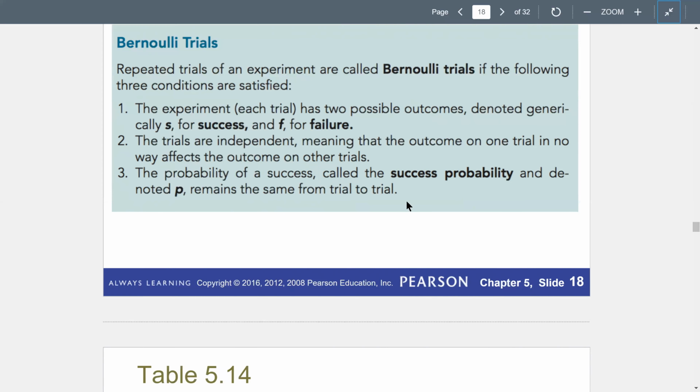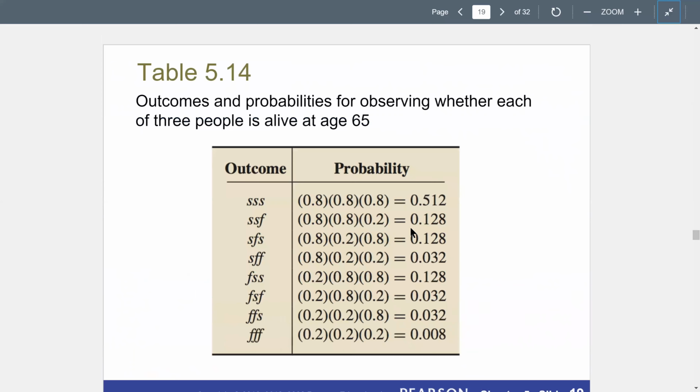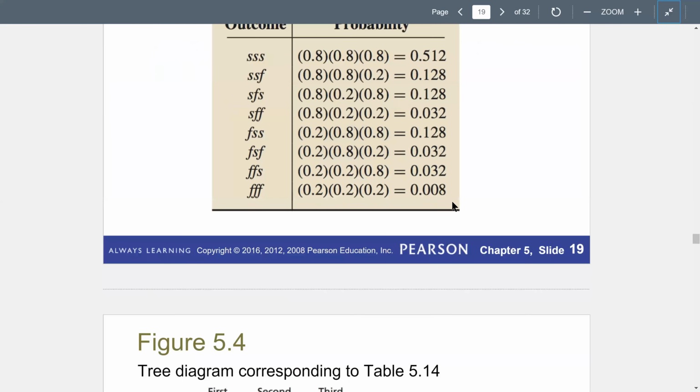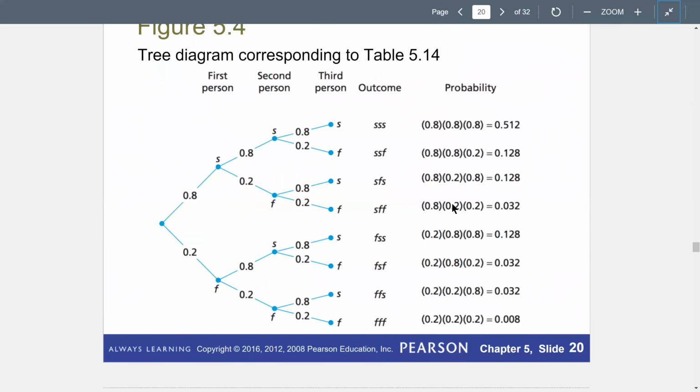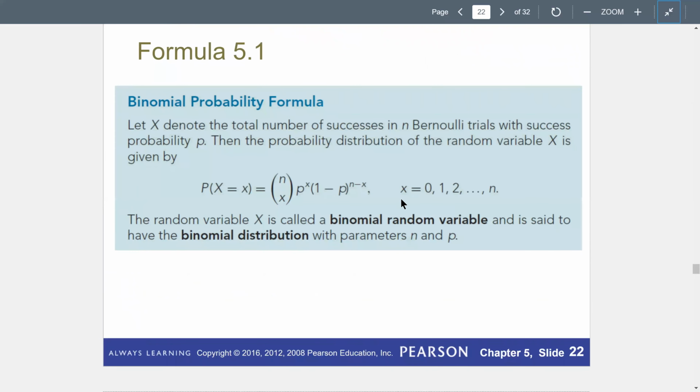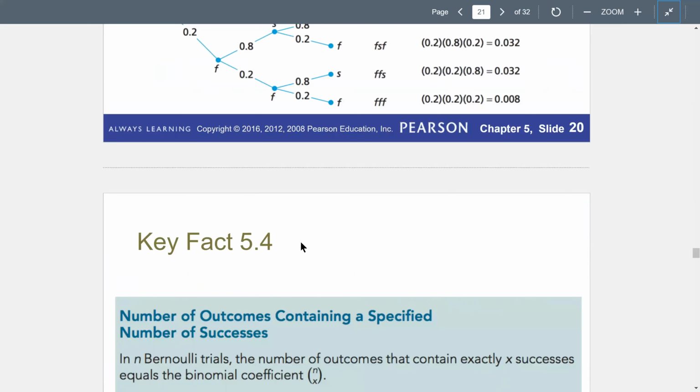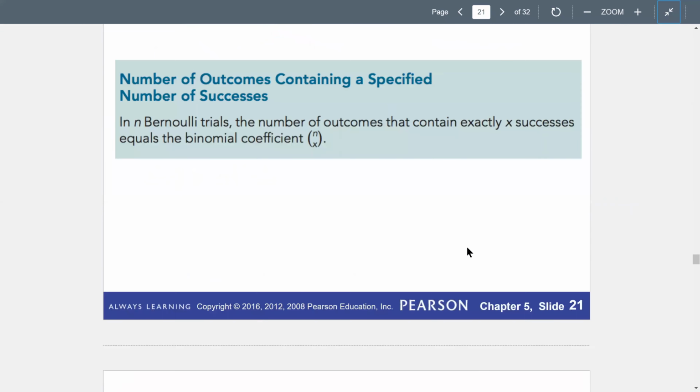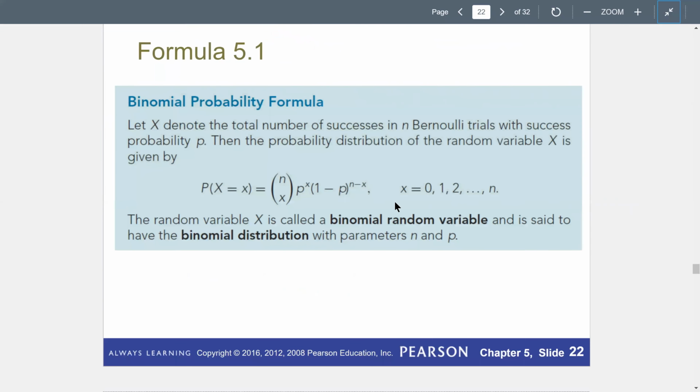We also call it a binomial random variable. This is how the probability is calculated, so we won't get into these details. Based on this example, you can derive a formula for binomial random variables.